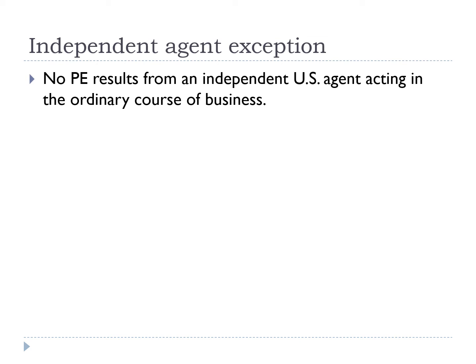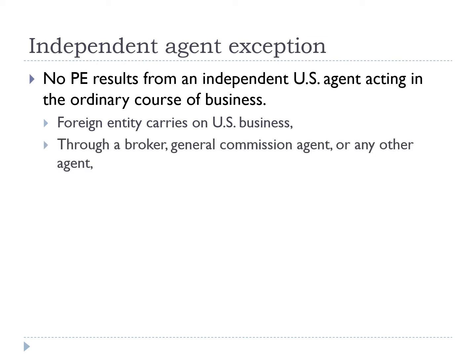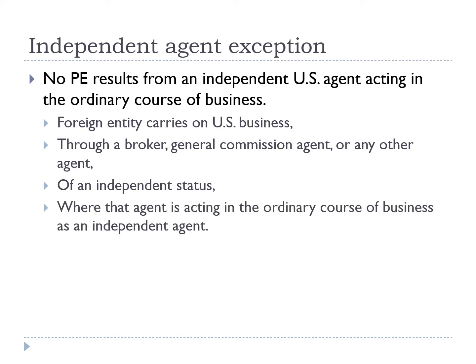This exception applies when the foreign entity carries on U.S. business activities through a broker, general commission agent, or other agent of an independent status, provided that such persons are acting in the ordinary course of their business as independent agents.